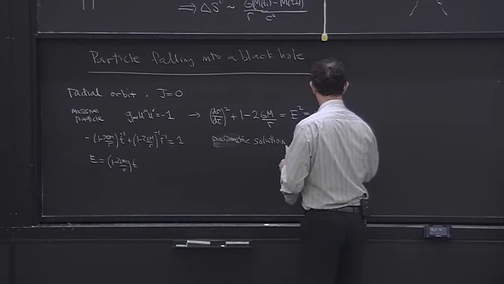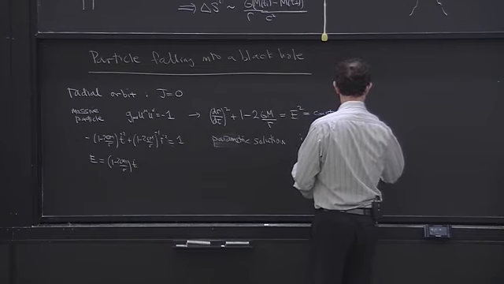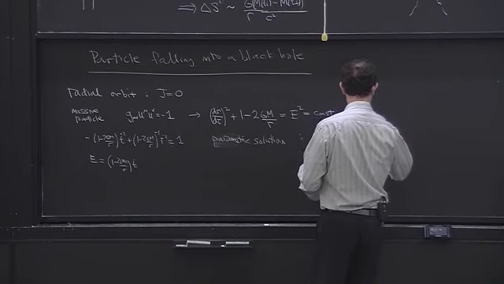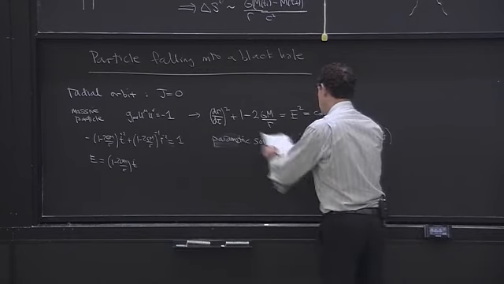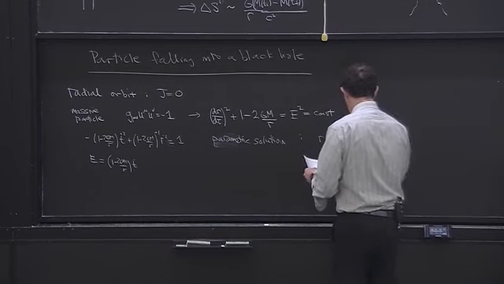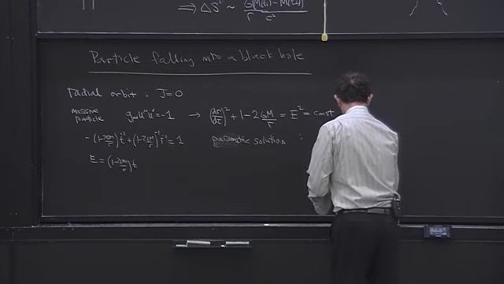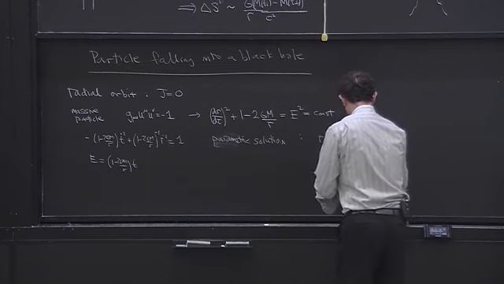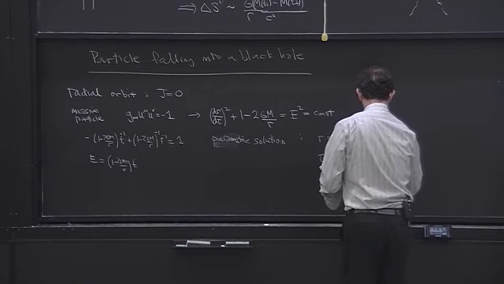R equals R_max over 2 times (1 plus cosine theta). So R is a function of theta, but tau, the proper time, is also a function of theta. Tau is equal to (R_max cubed over 8GM) to the 1/2 times (theta plus sine theta).